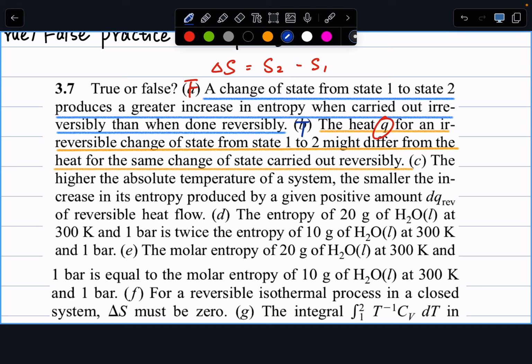So this statement is true because for a line integral, the path actually matters, whether it's reversible or irreversible. So if we translate this into something you can understand, the first question is asking you, is entropy a state function? The second question is asking you, is heat a state function? And you know the answer to those questions, it's just about how to translate the long statement into that simple question.